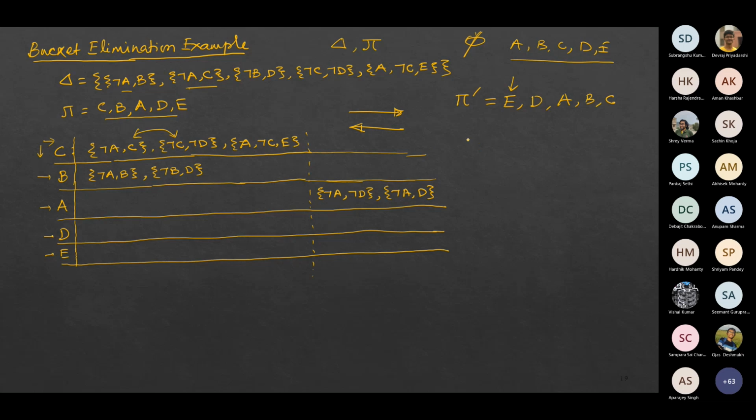Let us say that we are trying to assign a value to variable vi. So case one is the bucket for vi, let us name it bvi, is empty. And the particular case here is D and E. D and E are empty.